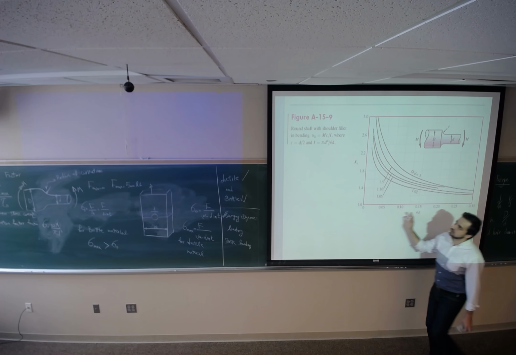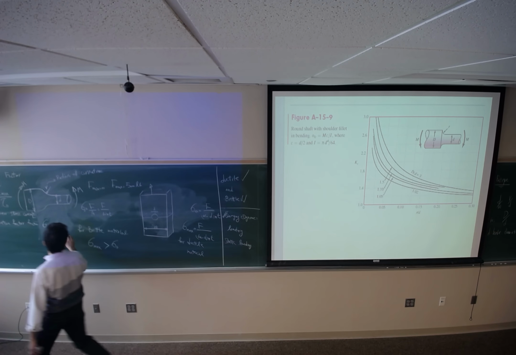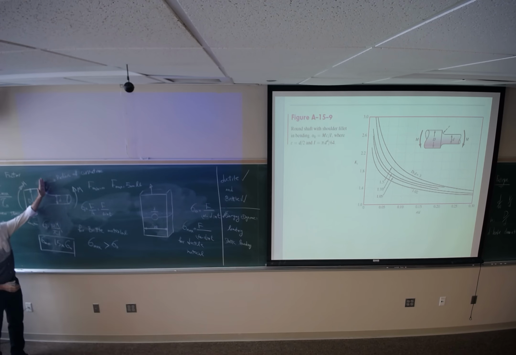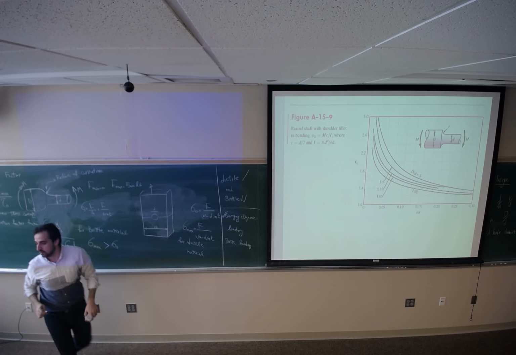So it means sigma max is going to be 1.5 times sigma 0. So the actual normal stress applied at this cross section has a magnitude of 1.5 times sigma 0.